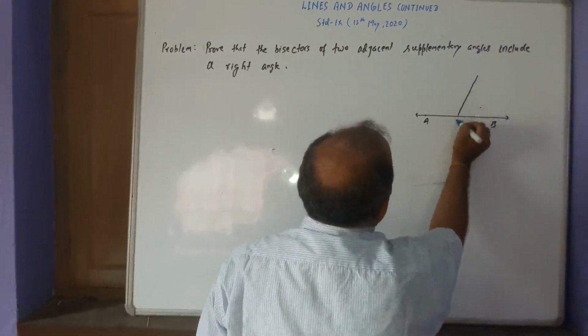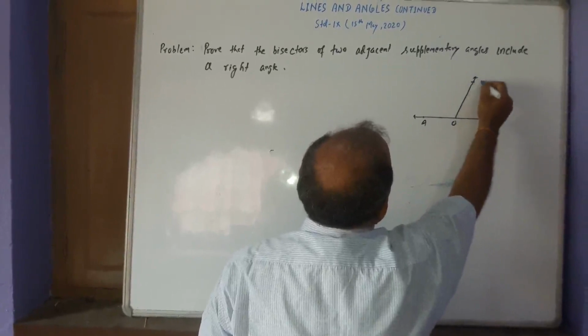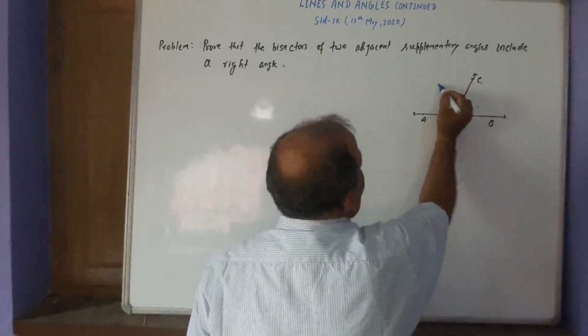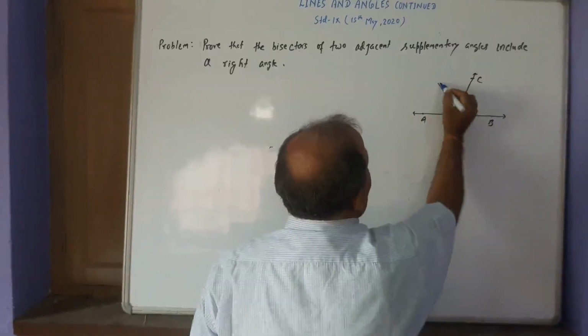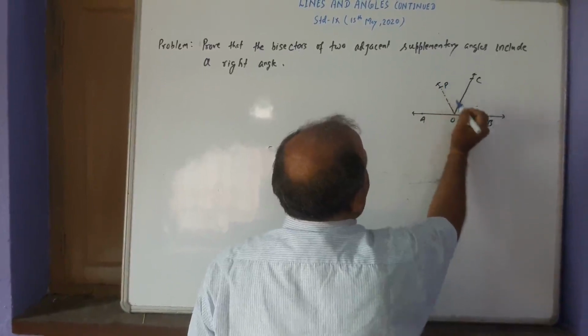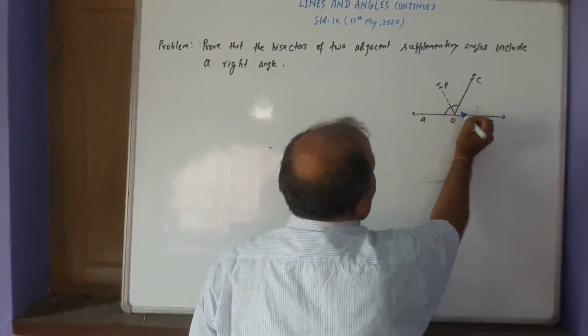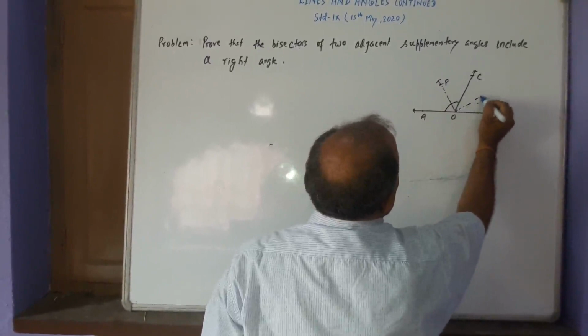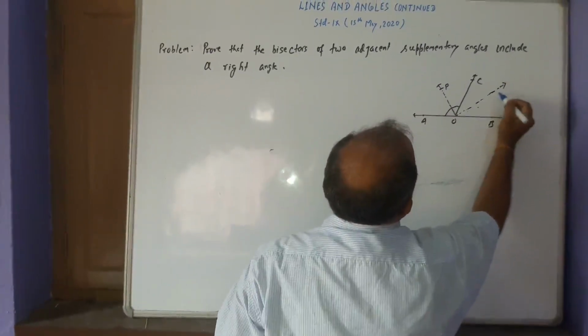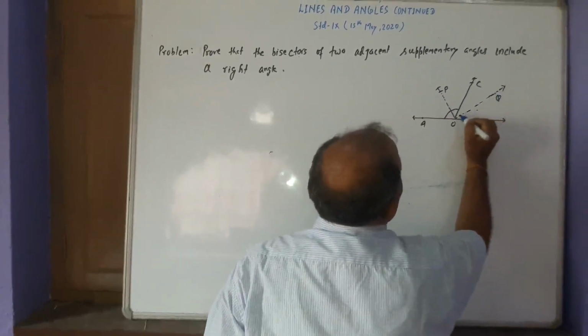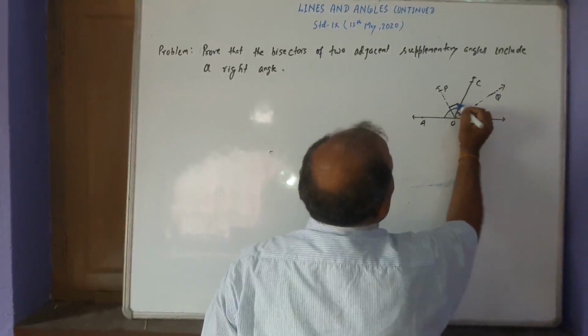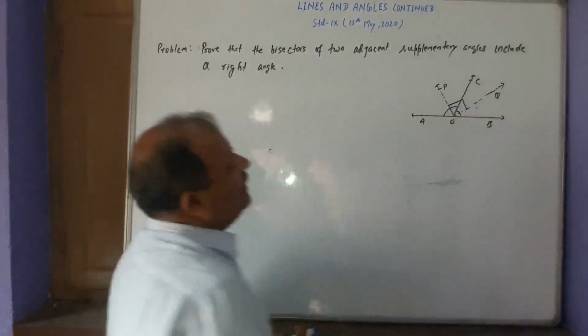A ray OC stands on it. OP bisects angle AOC and OQ bisects angle BOC. Then we have to prove that this one is a right angle.